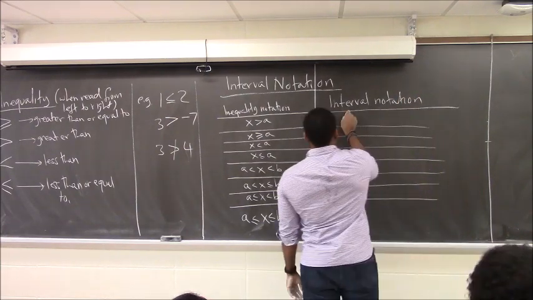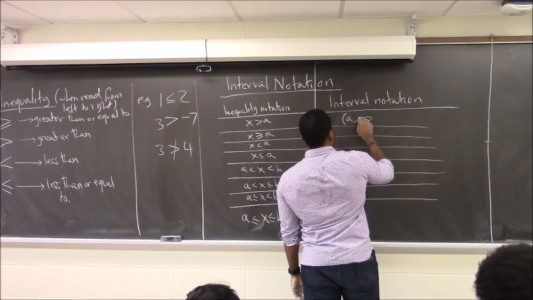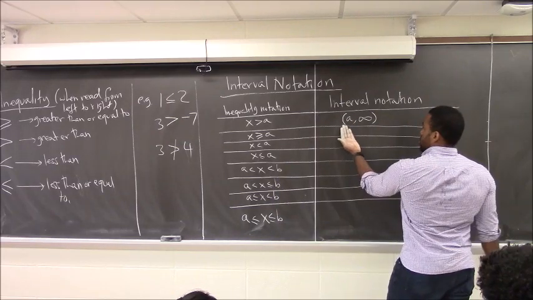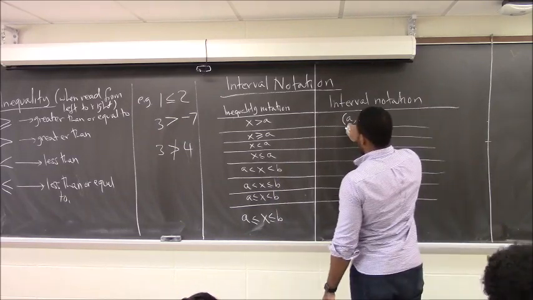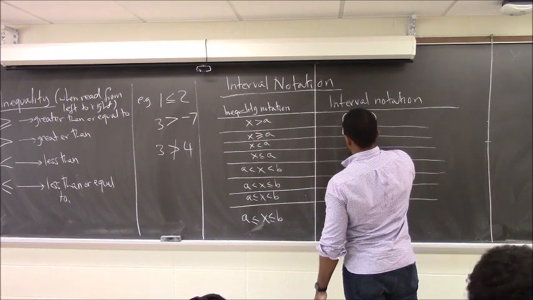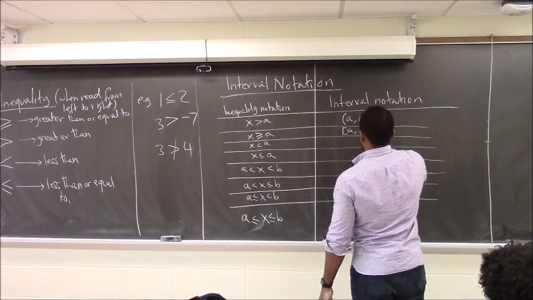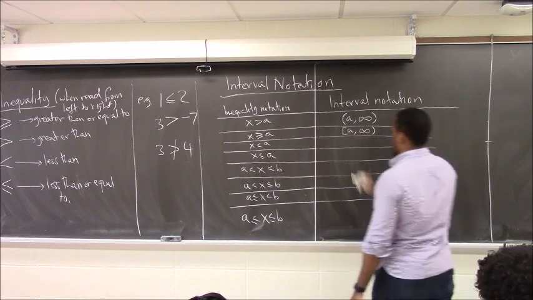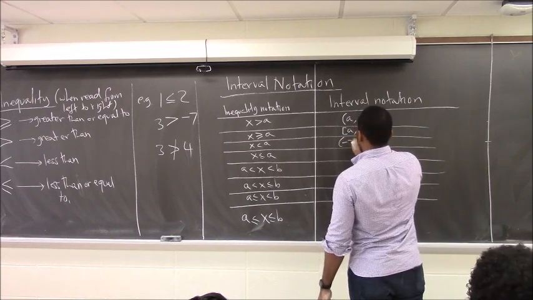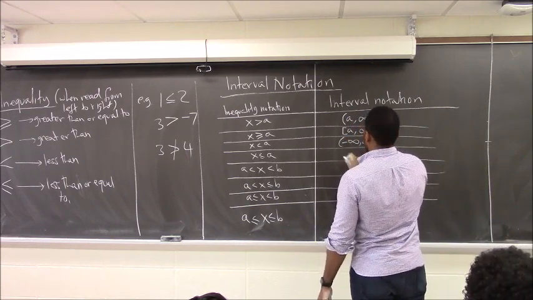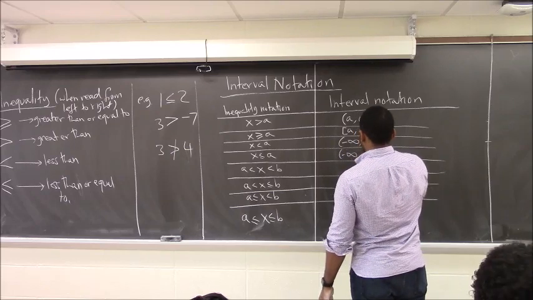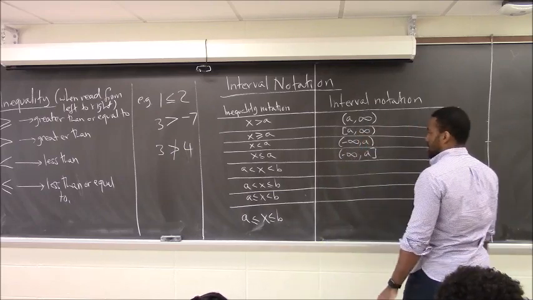This one is open parenthesis a, comma, infinity. Goes from a to anything bigger. This has a bracket, which we think of as the closed parenthesis, going to infinity. This means a or anything less going down to negative infinity. This means anything less than or equal to a going down to negative infinity.